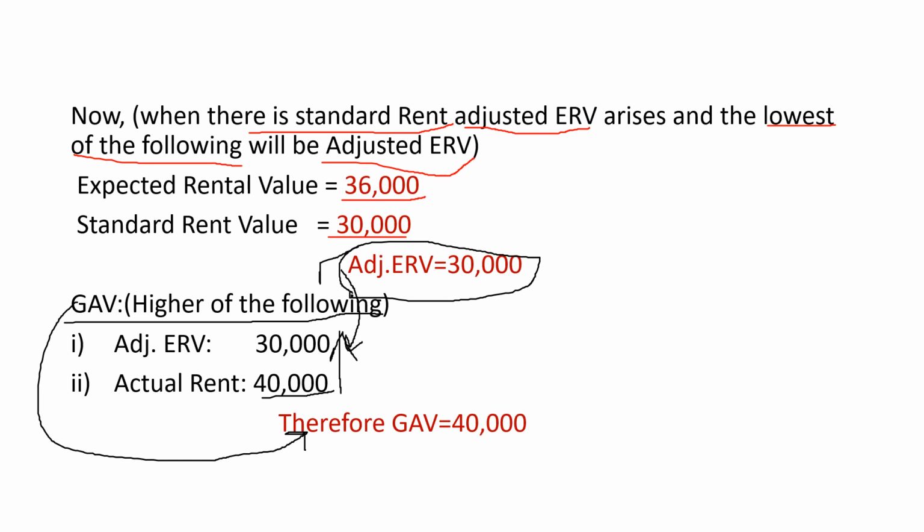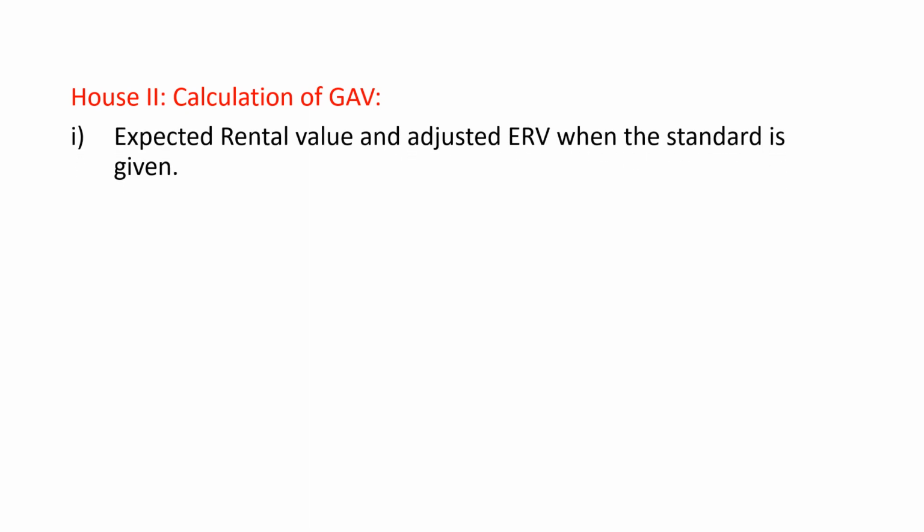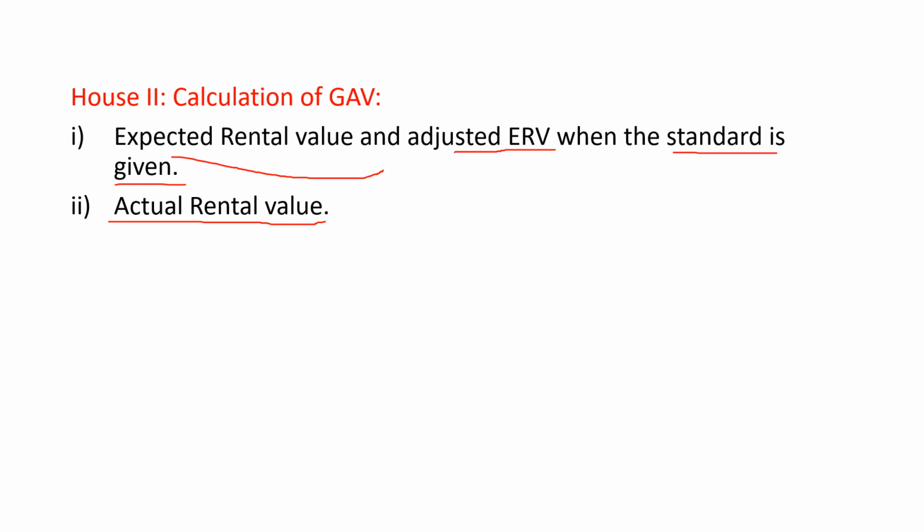Now let's see house 2. Calculation of GAV of house 2. So for this also the same thing: expected rental value as well as adjusted ERV because standard rent is given here. Next, actual rental value.